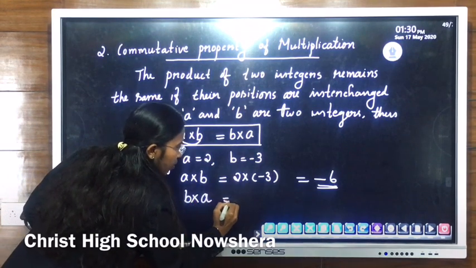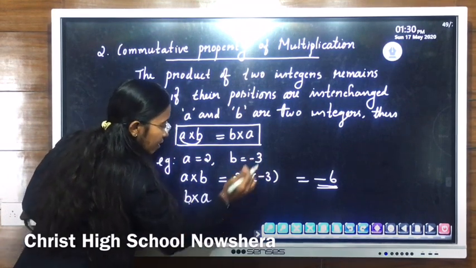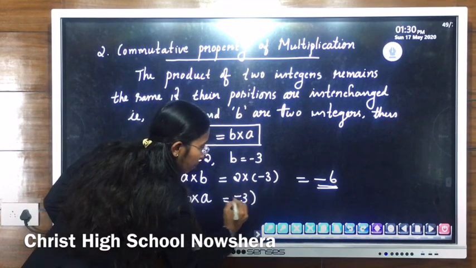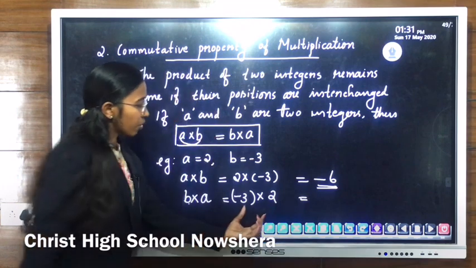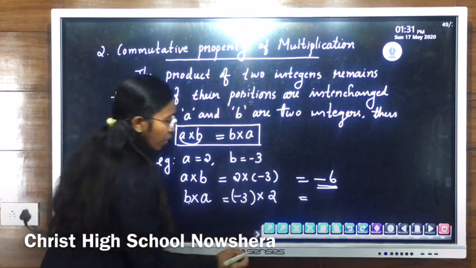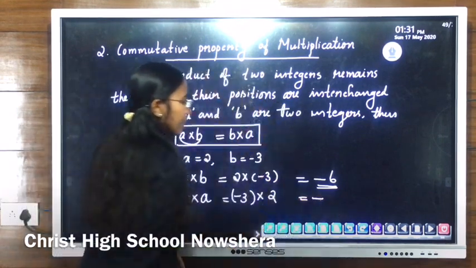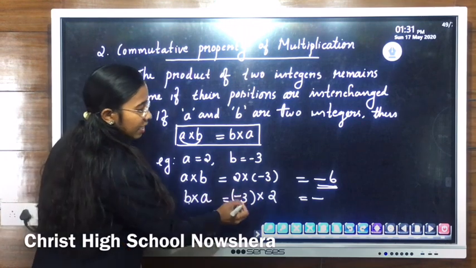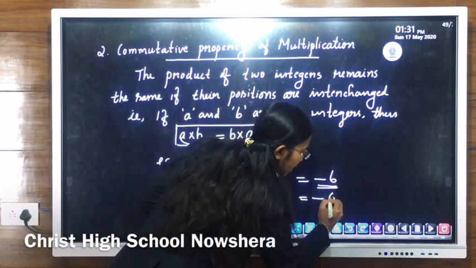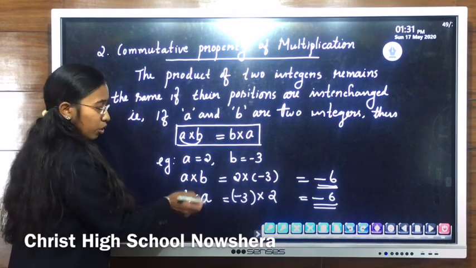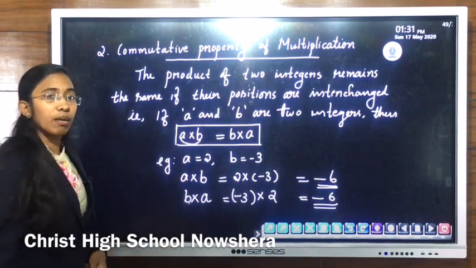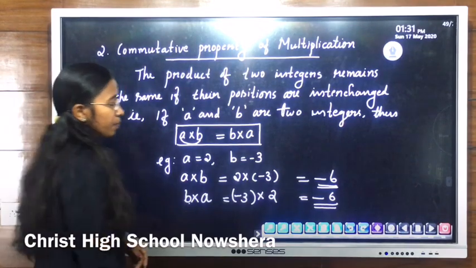B into A. At the place of B is minus 3. Minus 3 into 2. This is also unlike integers, so our sign is always negative and multiply the numbers. What is 3 into 2? 3 into 2 is 6. That is, A into B and B into A both are the same. This is our commutative property.